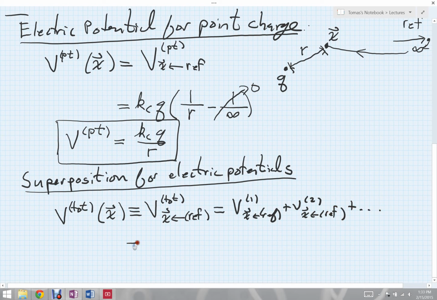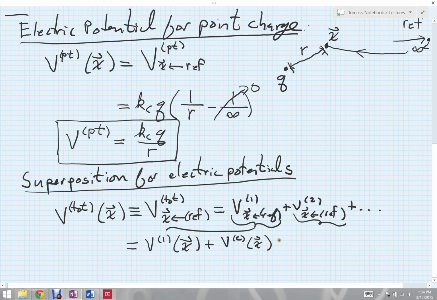But finally, we know that each of these terms is just the electric potential from the first charge or from the second charge and so forth. So we see then that we can get the total potential, V tot, by simply adding up the potentials from each of the individual contributions. V1 of x, that's what this first term is giving me. And then V2 of x would be the potential from the second charge distribution, computed at location x.